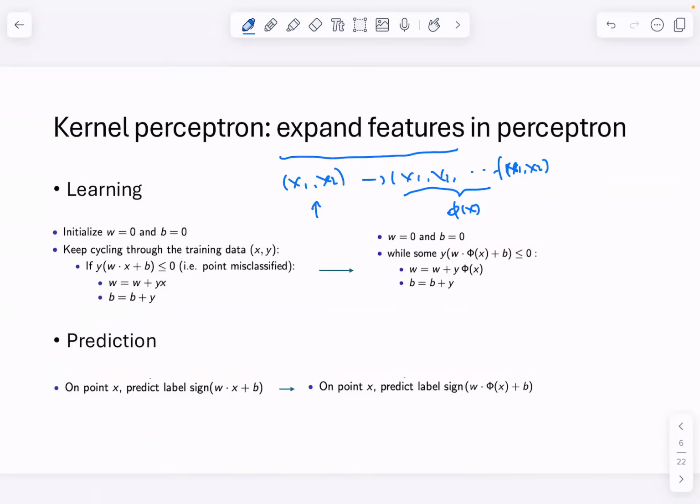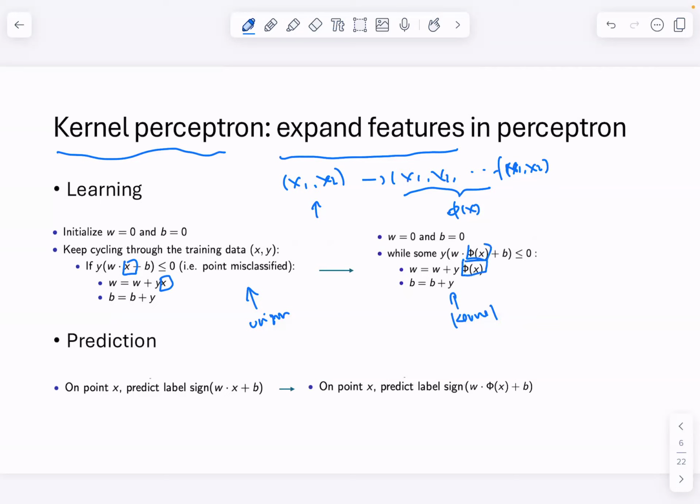Then we just revisit the learning problem, right? We need to define the new learning problem and the prediction problem for this kernel perceptron algorithm. And it is actually quite simple. If you see the difference between the original perceptron and the kernel perceptron, the only difference is we replace all the x here, all the features, with phi x, the new features.